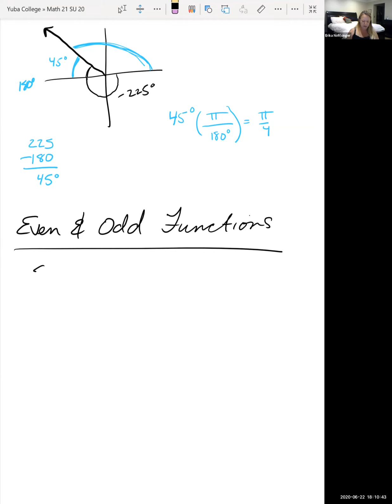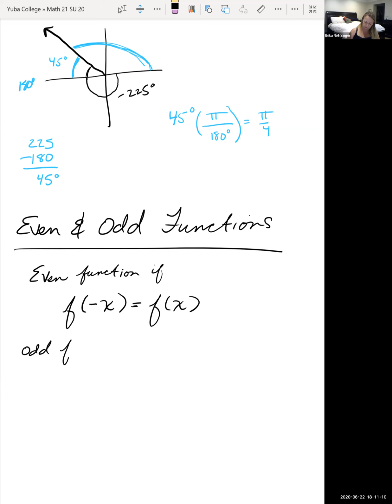It's an even function if the following holds: if f of negative x is equal to f of x. And it's an odd function if f of negative x is equal to negative of f of x.